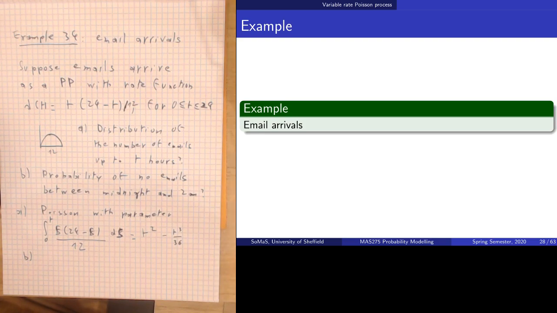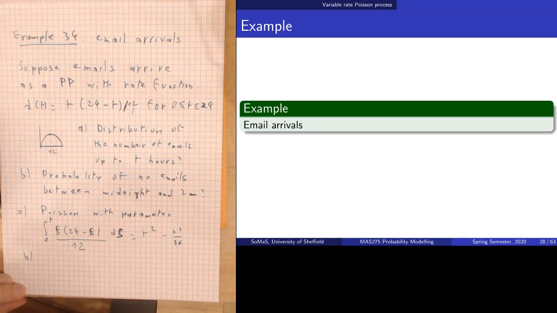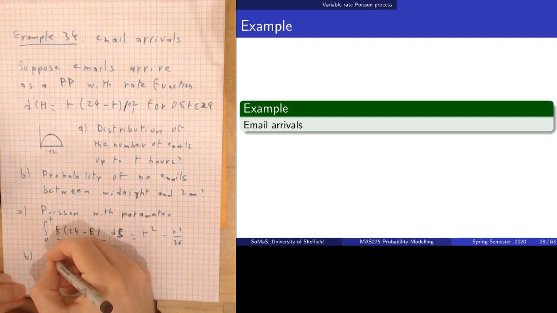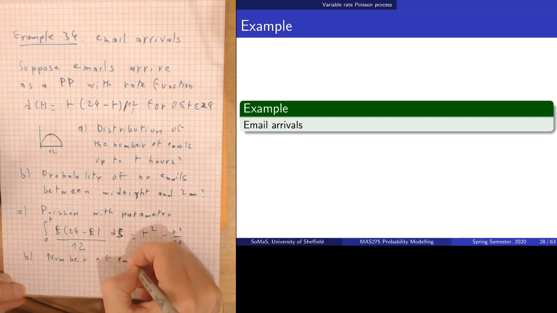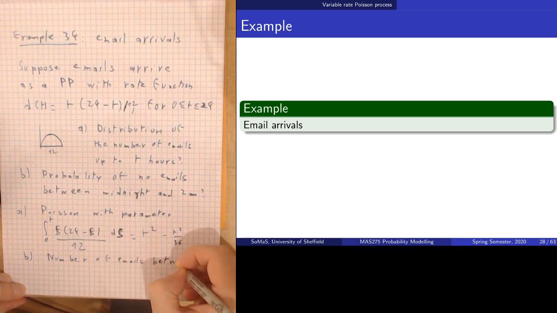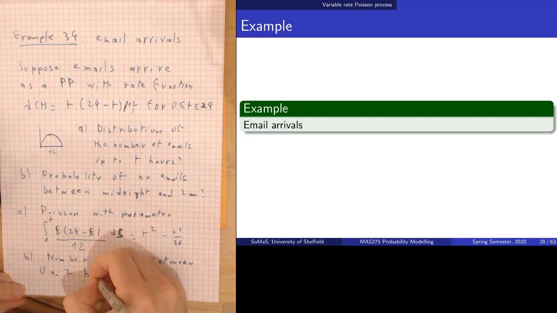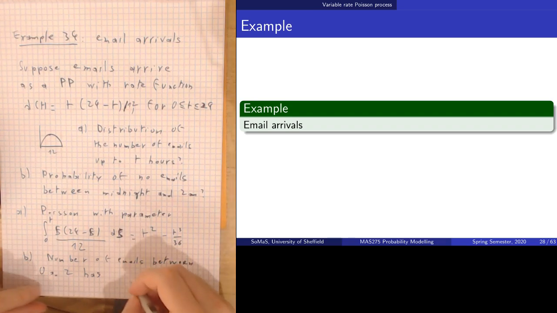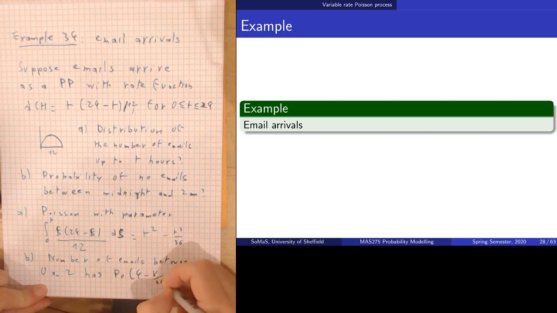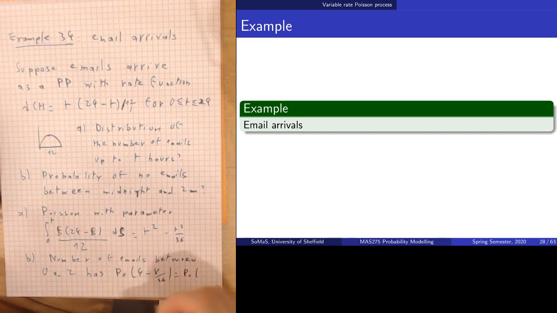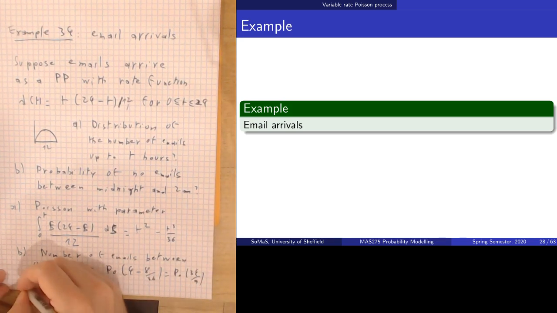And we get, okay, so the number of emails between 0 and 2 has, can you see what I'm writing? Yes. Poisson of 4 minus 8 over 36 is, believe me, Poisson of 34/9 distribution.